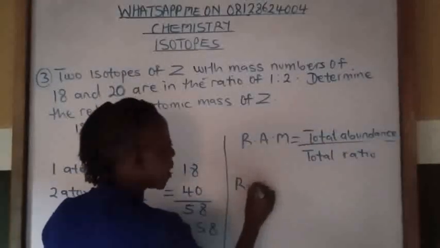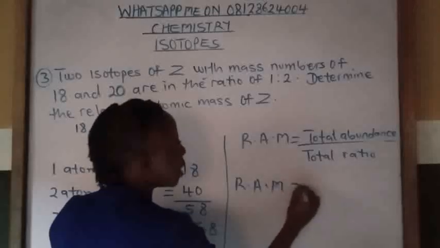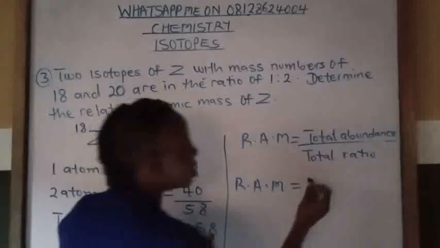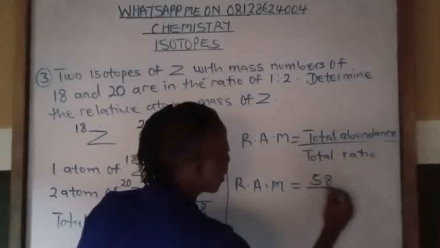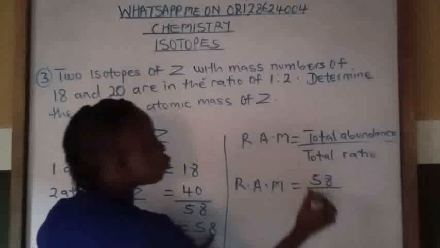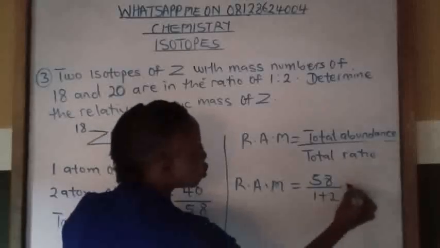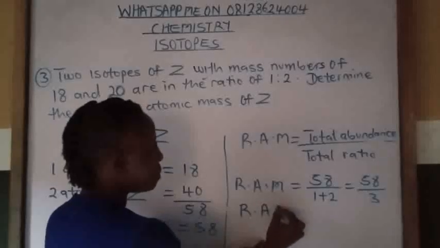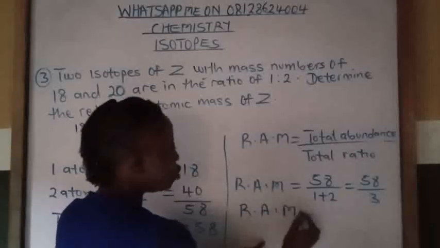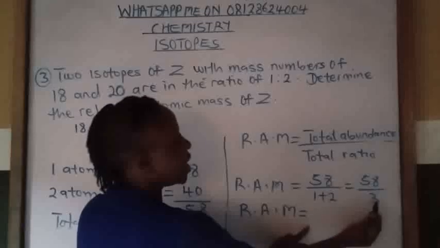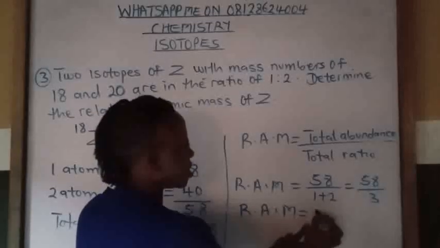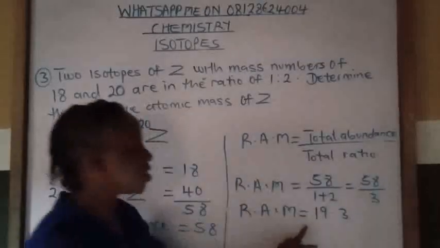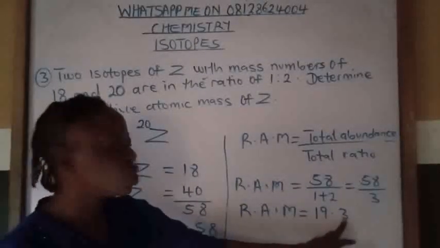So our relative atomic mass will be 58 divided by, the total ratio, 1 plus 2, which is 3. 58 divided by 3 will give us 19.3. So the relative atomic mass is approximately 19.